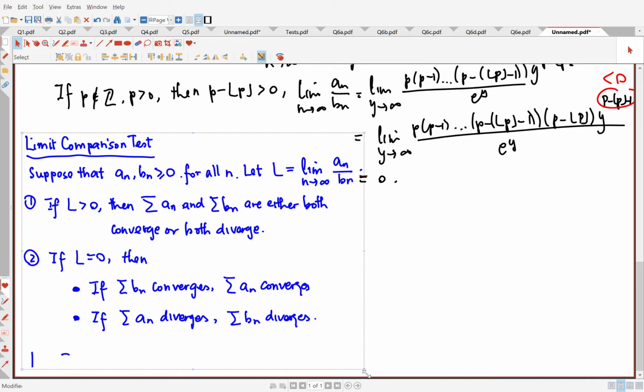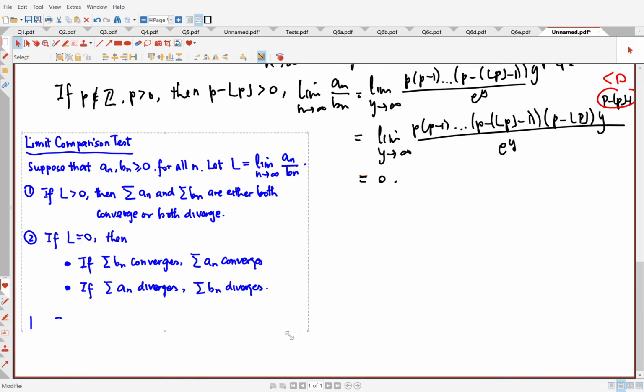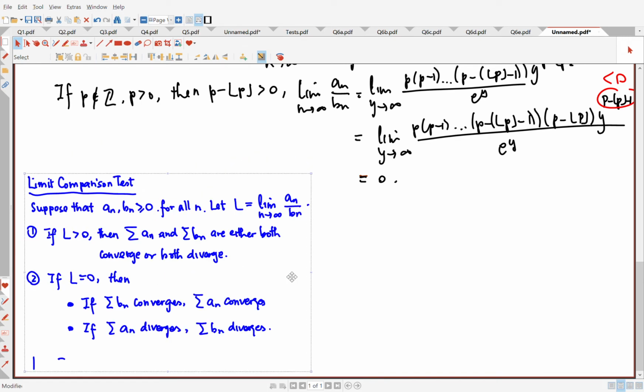Smaller. Okay, so we have L here, which is the limit as n tends to infinity of an over bn equal to 0.